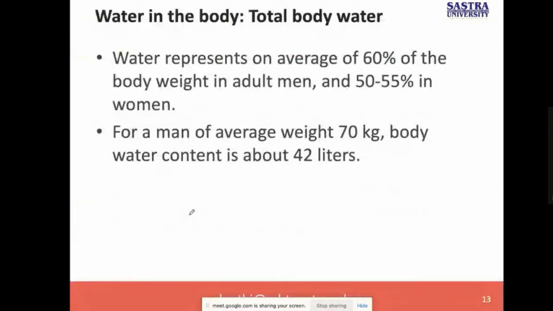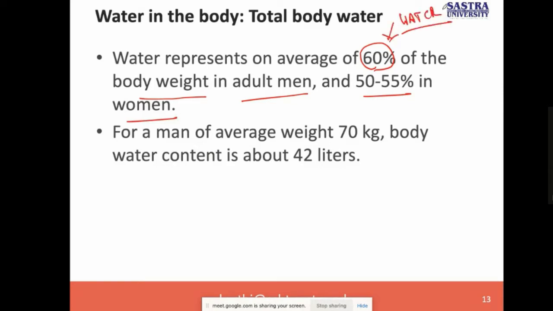So if you want to understand the concept of distribution, the very first thing we have to understand is what is the total body water and how this body water is present within the body, right? 60% of the body weight in an adult man, and 50 to 55 percent in a woman, is accounted for by water.